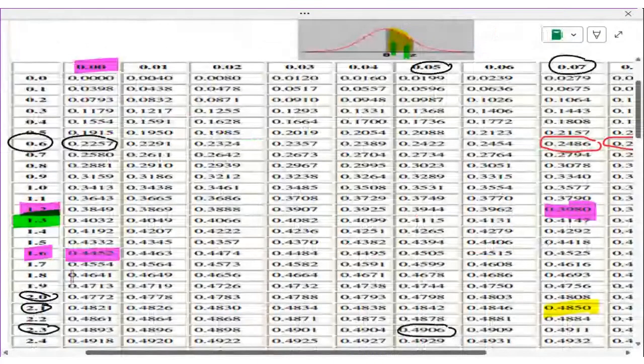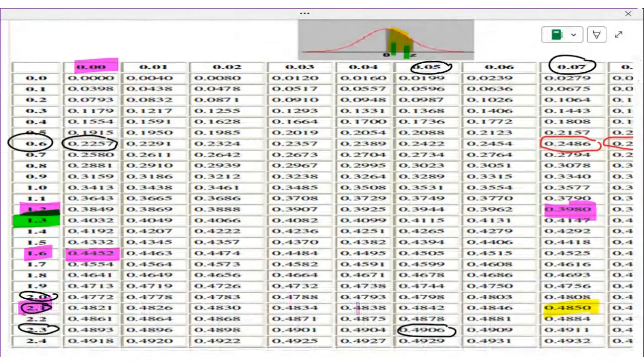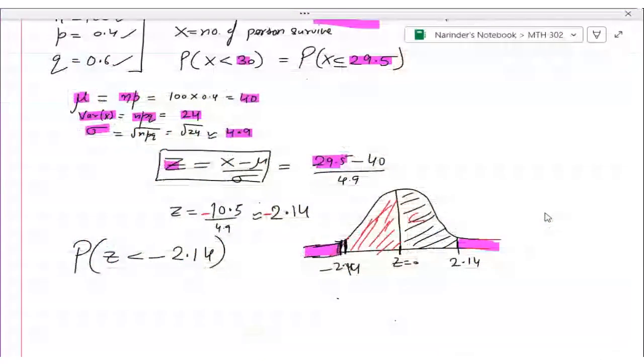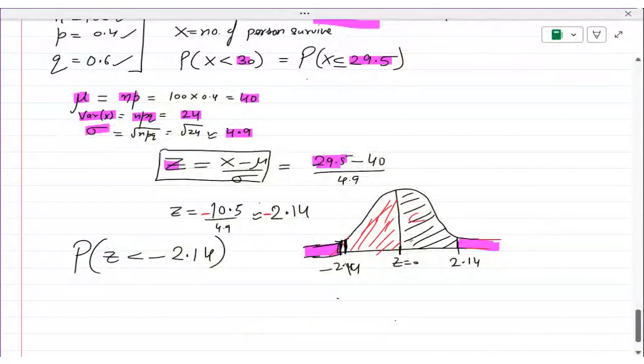So 2.1 and 4. So 2.14, 0.4838. Total on the right side is 0.5.